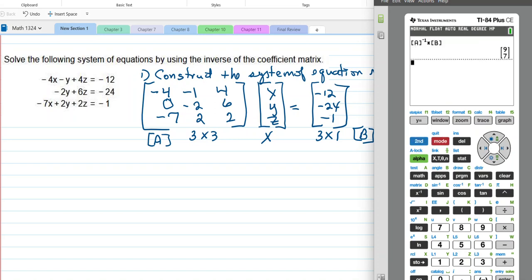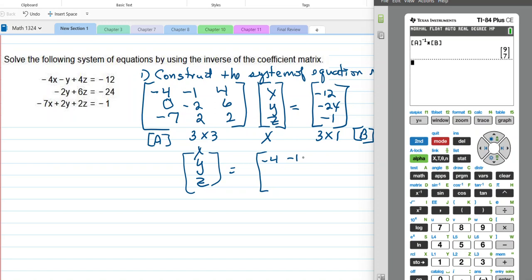Excellent. Second matrix, edit. I'm going to go to the B, and this is a 3 by 1. And it's a -12, a -24, and -1. I am good.